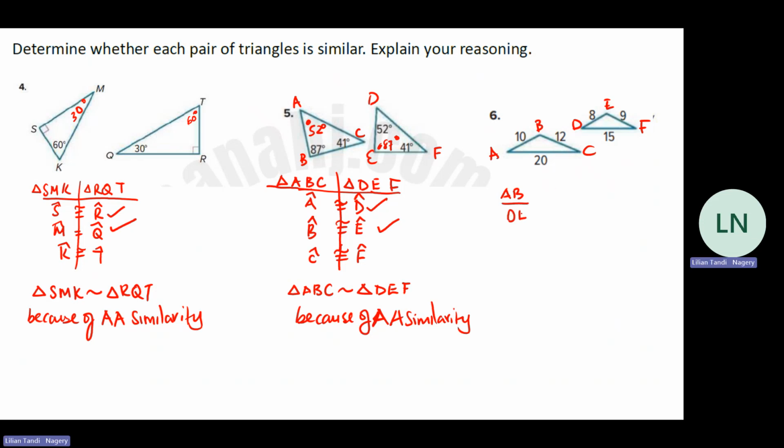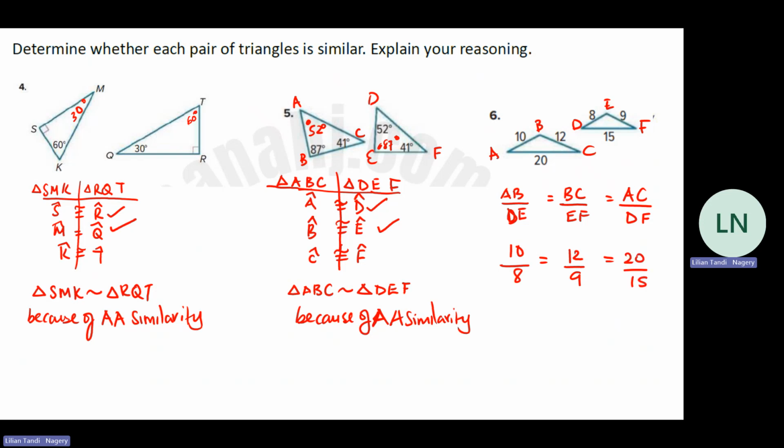Then you want to check if the proportions will give you the same scale factor. So BC is friends with EF. And then AC is friends with DF. Then you put your numbers, okay? So this is 10 out of 8. This is 12 out of 9. And this is 20 out of 15.